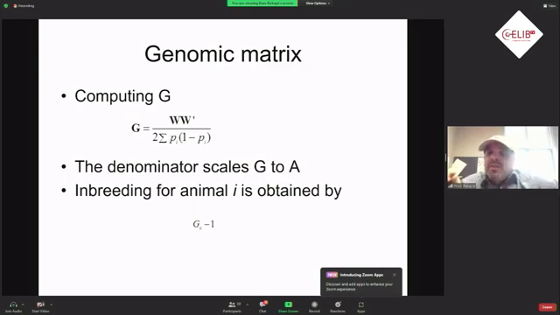Why could the diagonal element of the matrix A be different from 1? Yes, if there is inbreeding. Why? So what is your interpretation of a diagonal element in A that is different from 1?